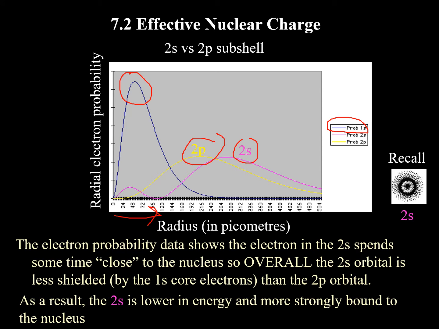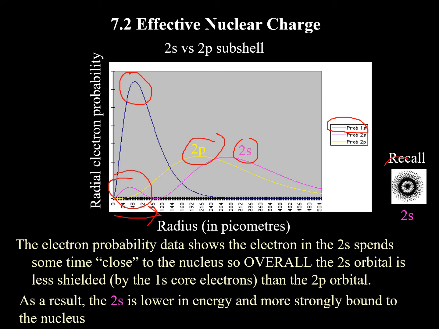So yes, in this case, if we were just to look at these 2 larger humps, the 2p is closer. However, we have this small bump here in the purple, which tells us that overall, when you integrate and put the 2 together, the 2s will be closer to the nucleus than the 2p.